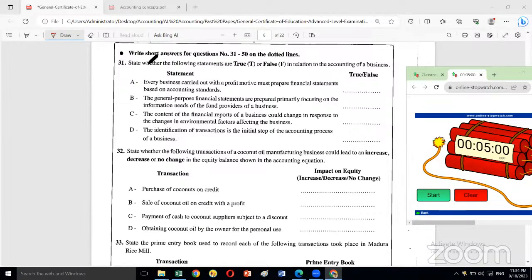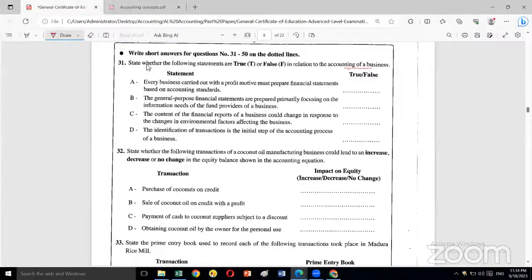Okay. Question number 31. State whether the following statements are true or false in relation to the accounting of a business. A: Every business carried out with a profit motive must prepare financial statements based on the accounting standards.